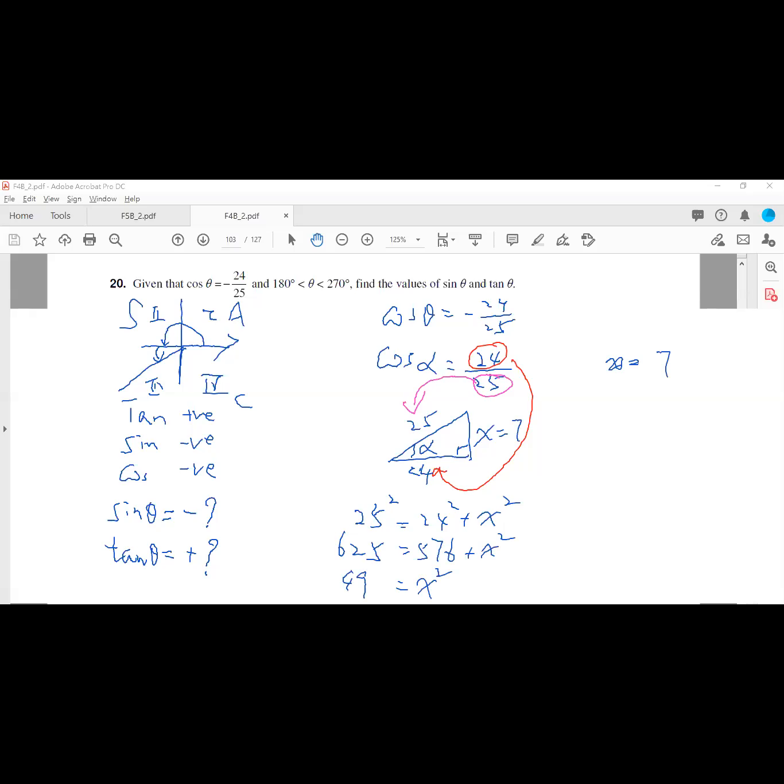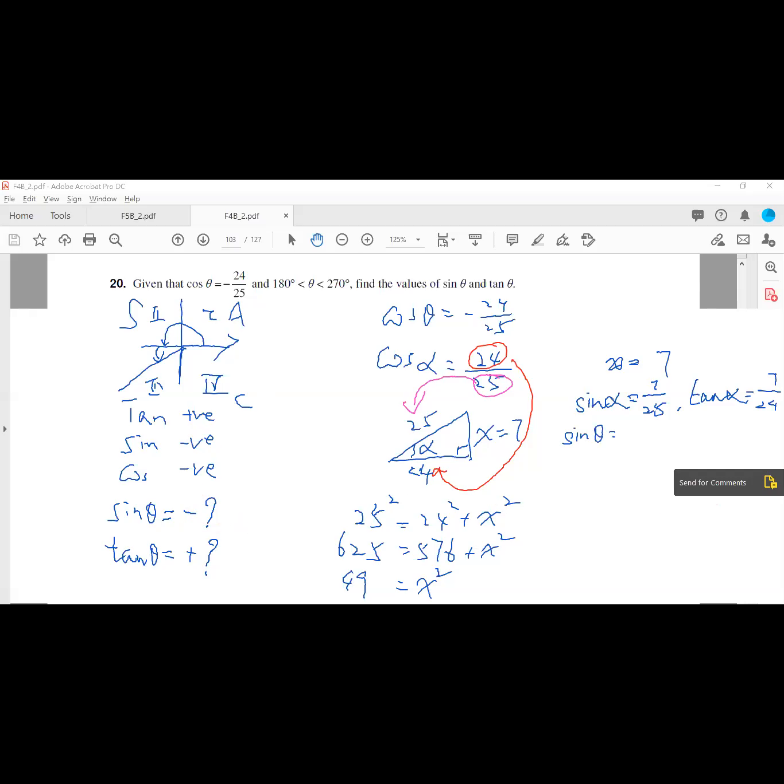Then we can write down sine alpha and tangent alpha from this triangle. Sine alpha is opposite side over hypotenuse, and tangent alpha is opposite side over adjacent side. But now the question asks to find sine theta and tangent theta. Sine theta should be a negative number, but negative what number?